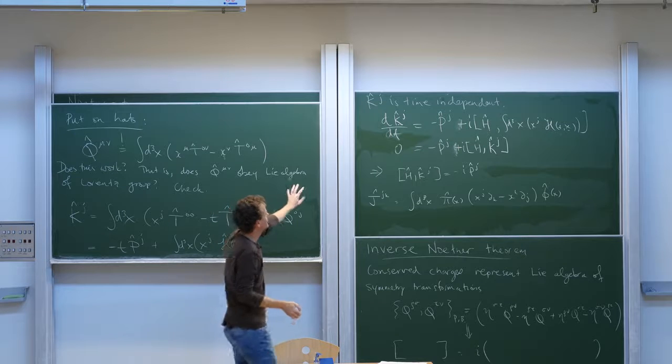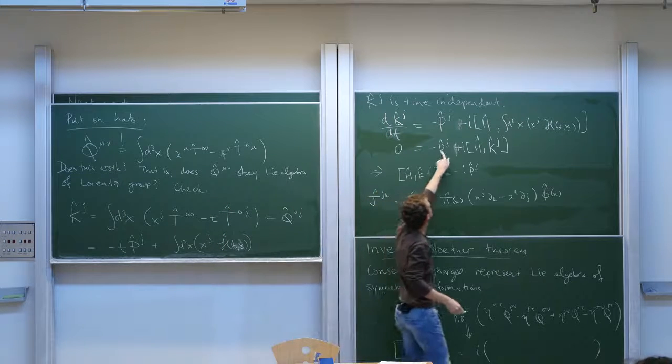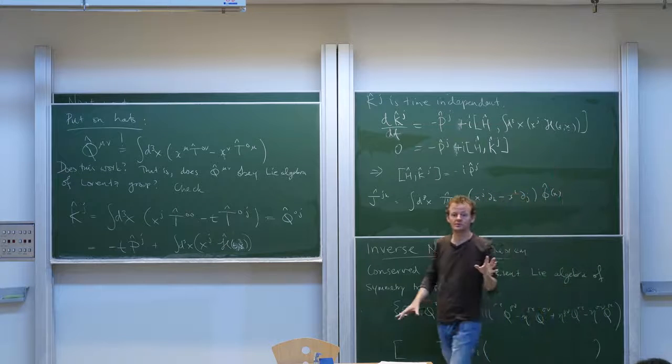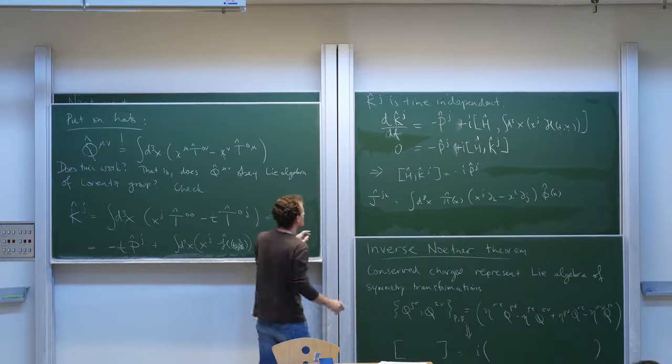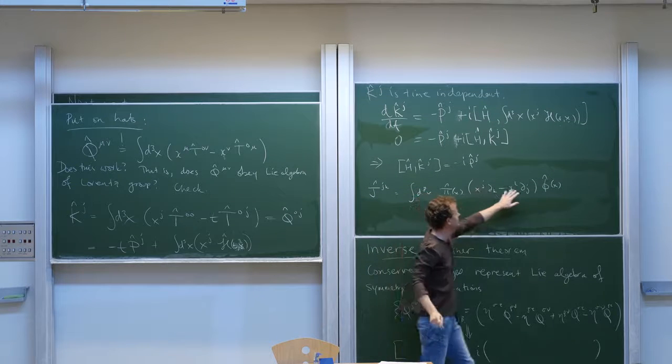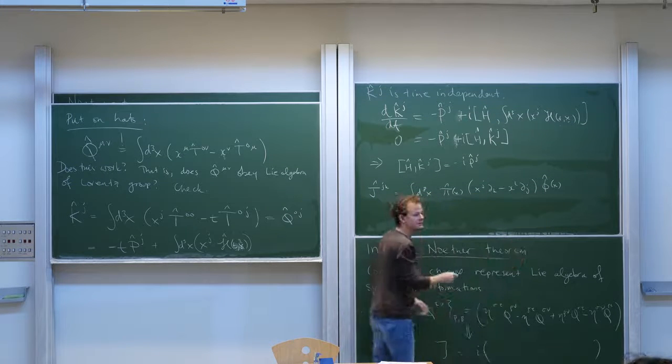So we've managed to express in terms of our field operators, because the field operators are in here, every possible generator of the Lorentz group as some operator in terms of these field operators like this.